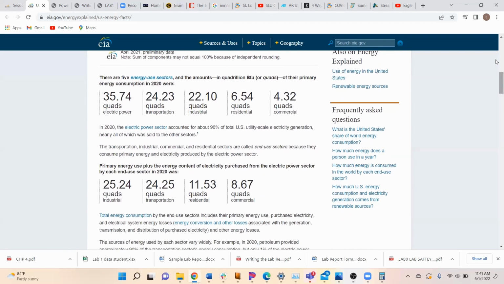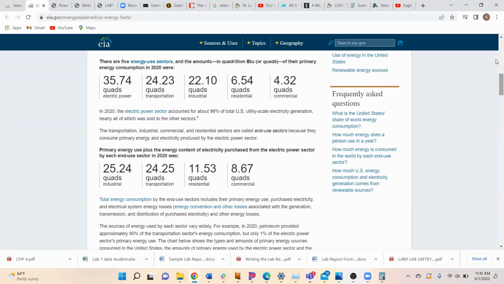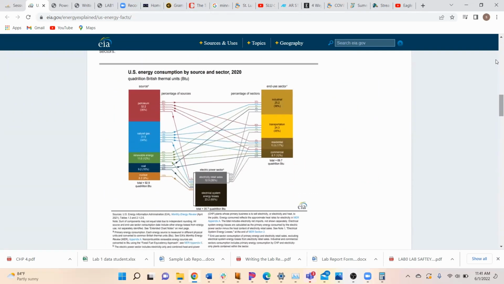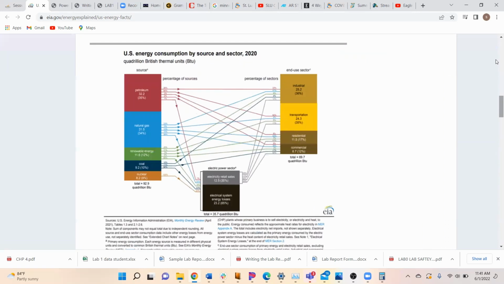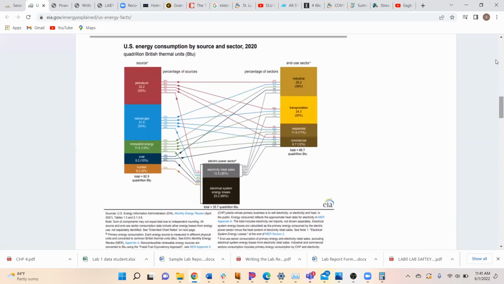There are 5 energy use sectors. So you have electrical power, transportation, industrial, residential, and also commercial. Energy is a very important topic to be concerned about, not only in terms of energy security, but also in terms of conservation of energy, especially with the climate change push, in terms of achieving carbon neutrality.